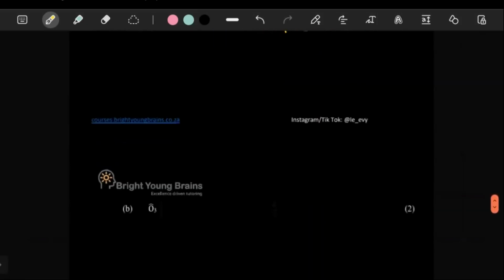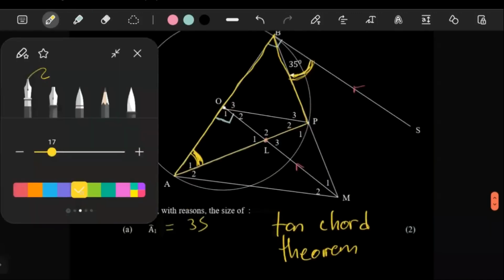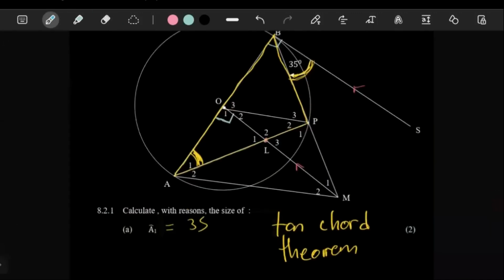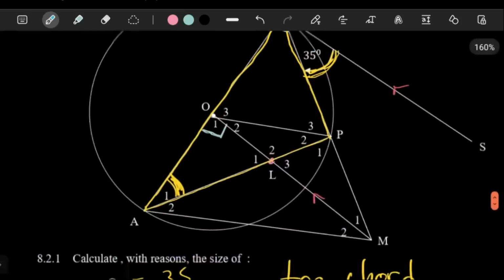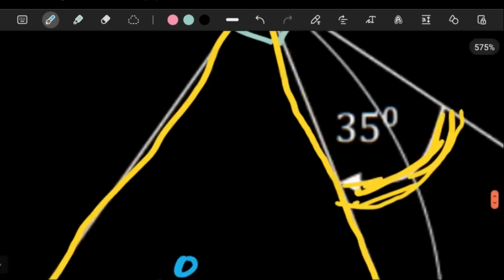So the next one here is O3, right? Let's see what O3 is. O3 is this angle over here. Now remember, this one is going to be double the 35 because the angle at the center is double the angle at the circumference if they are subtended by the same chord.